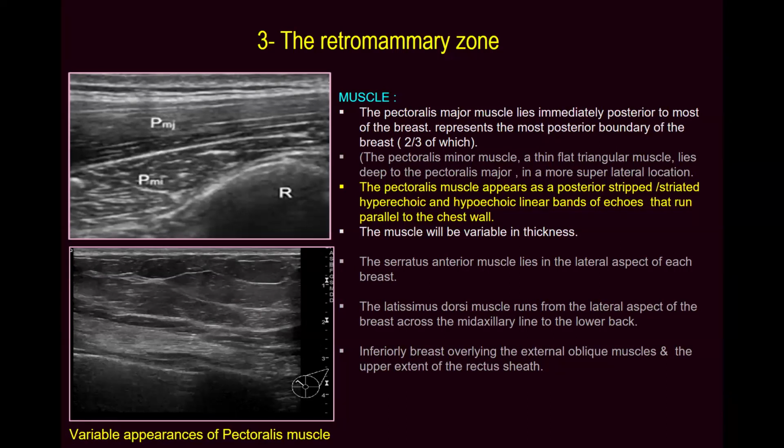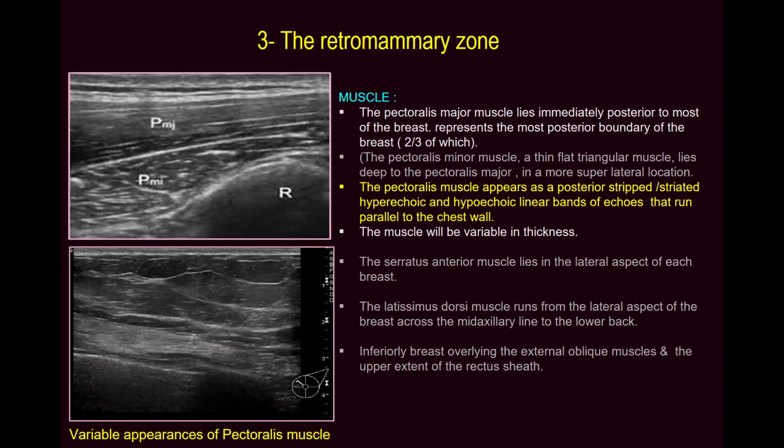Both structures appear as stripes, striated, alternating hyper- and hypoechoic linear bands of echo running parallel to the chest wall. But it is variable. Look at this. This is the pectoralis major and minor, and look for the pectoralis in this case. Okay, there are variations in appearance and in thickness.